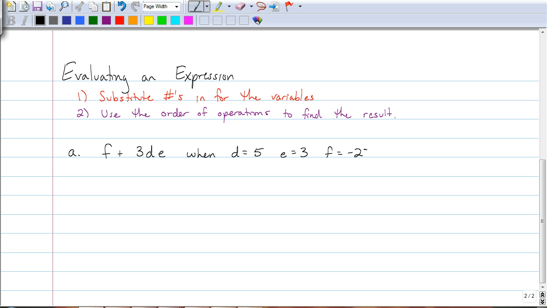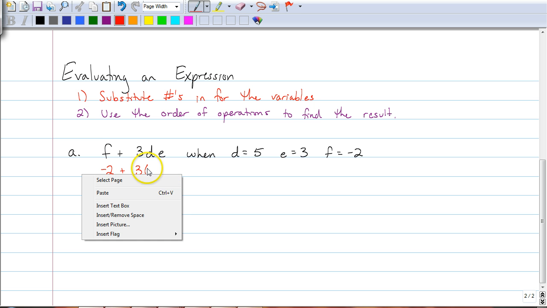So again, I'm evaluating this expression. I want to figure out what the solution would be when I plug in these different values. So the first thing I'm going to do is plug these numbers in for these different variables. So instead of f, it's going to be negative 2.